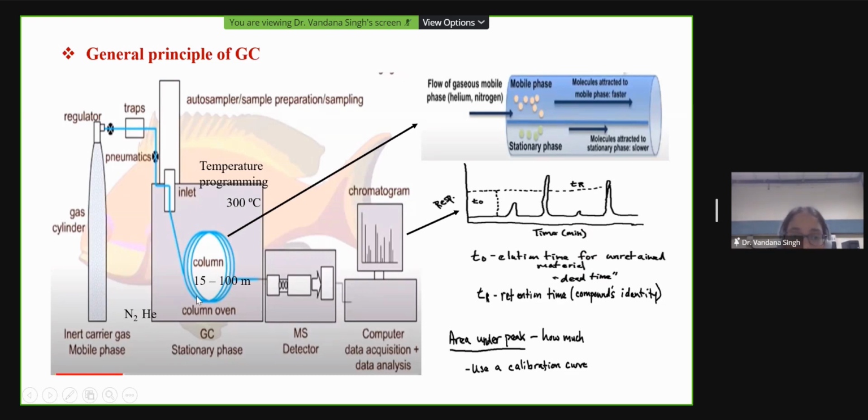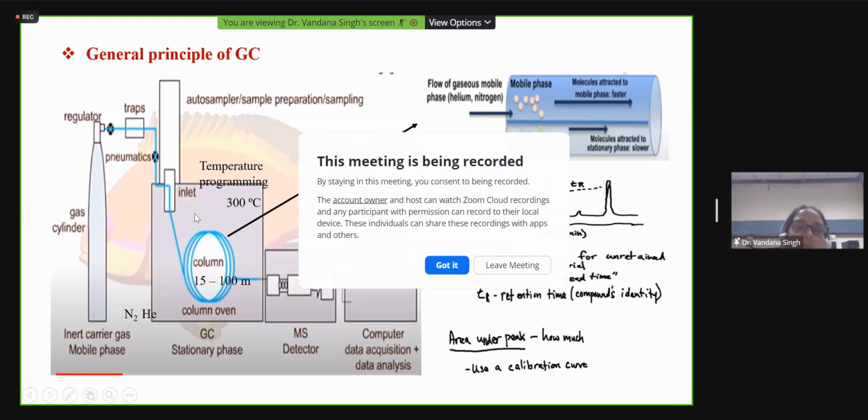Now the column is a very important part of the GC system, because this is the part where the actual separation takes place. The columns generally used in a GC system are capillary columns.